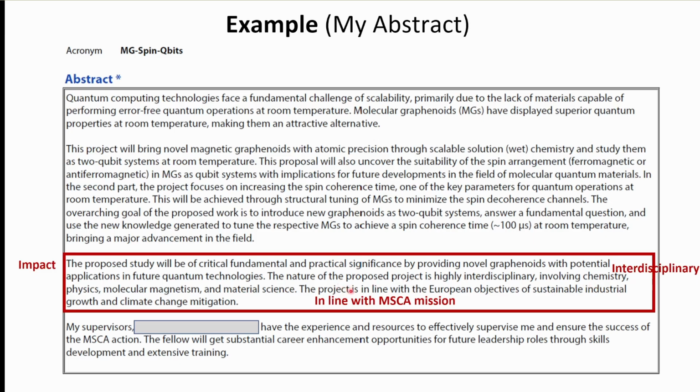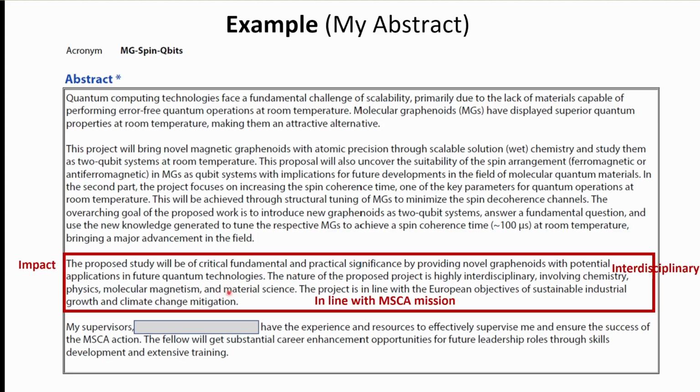This is important that you mention in the abstract because it aligns with MSCA goals. And then I also mentioned that this project is in line with European objectives of sustainable industrial growth and climate change mitigation efforts. So this is more like how it aligns, or what the impacts of your research are.